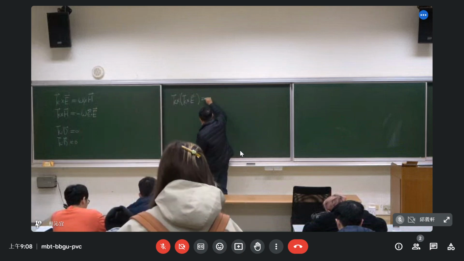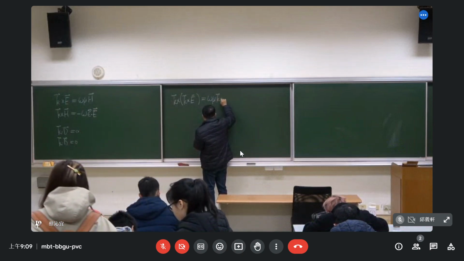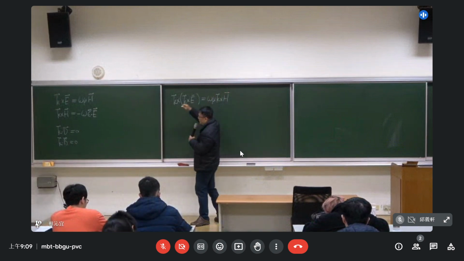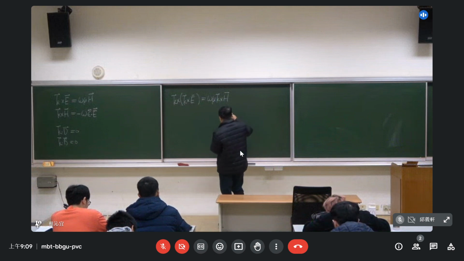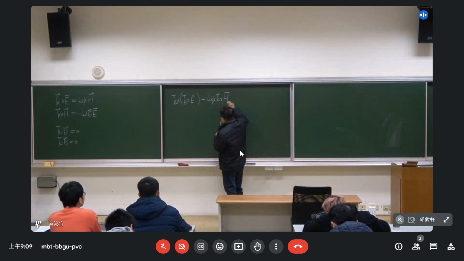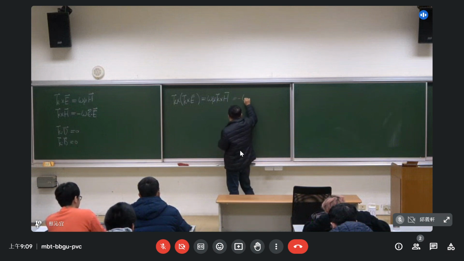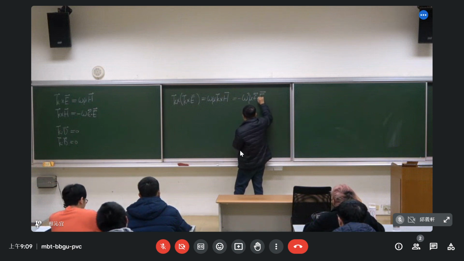So I get this equal to omega mu K cross H. K cross H we can substitute with the second equation, minus omega squared mu epsilon dot E.